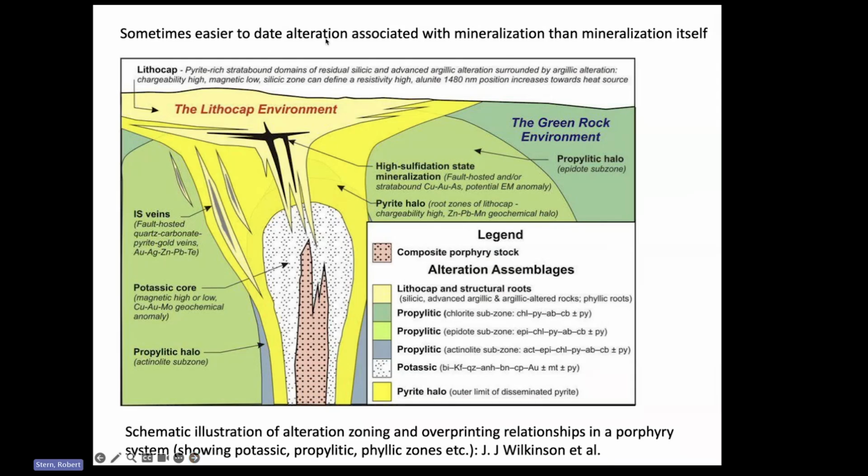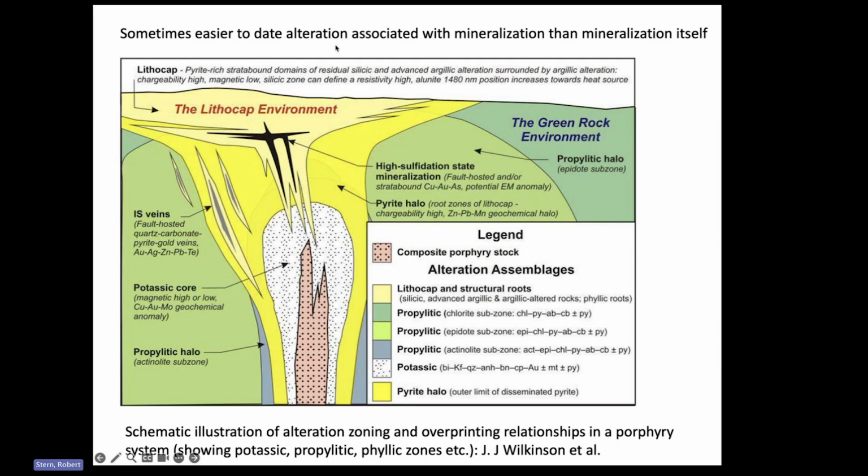So sometimes it's easier to date the alteration associated with mineralization than the mineralization itself. And one of the stories that we'll tell over and over again is that you're always going to have altered rocks around any ore deposit. It's because of the nature of the fluids and the heat and all of these things that make the ore deposit that affects the surrounding rocks.